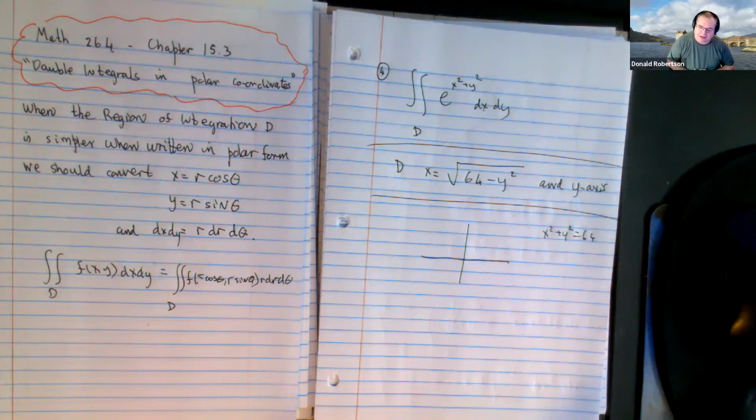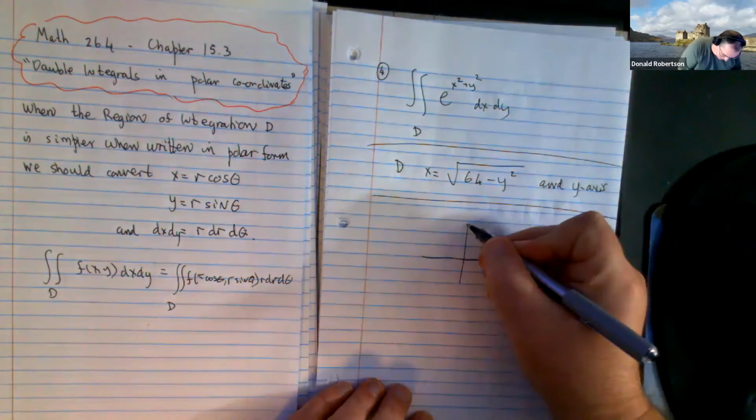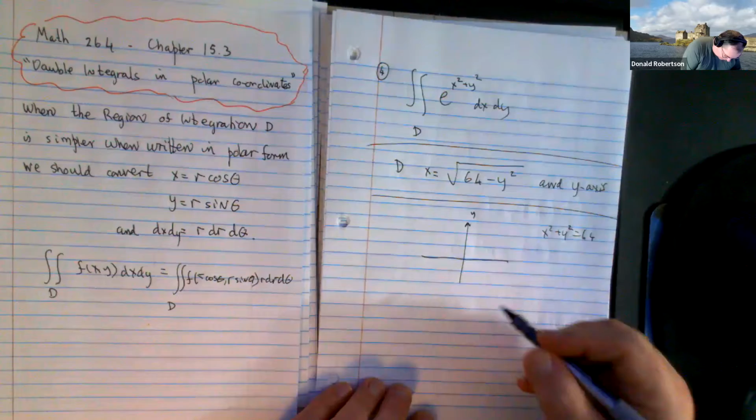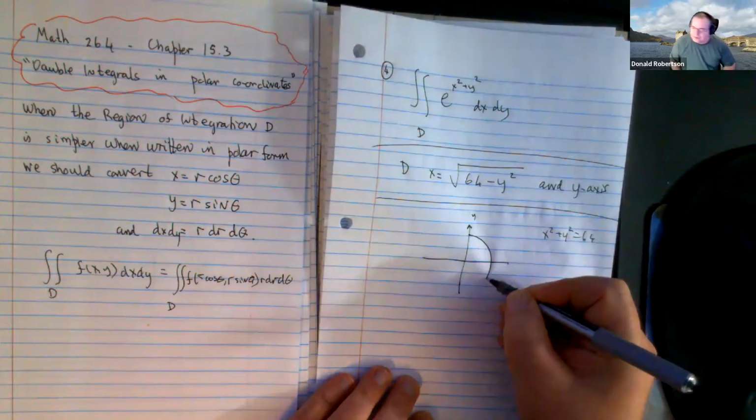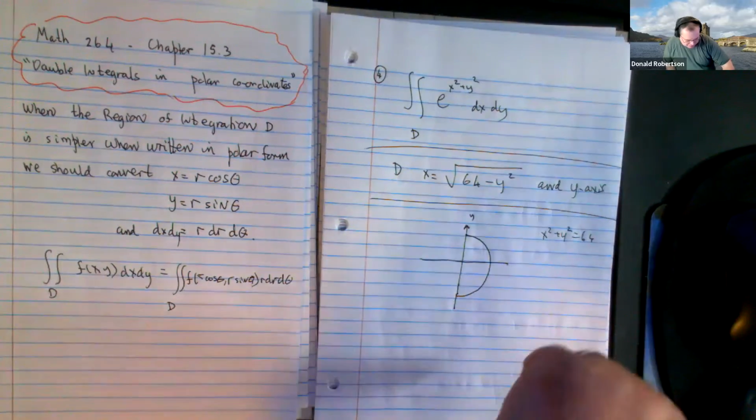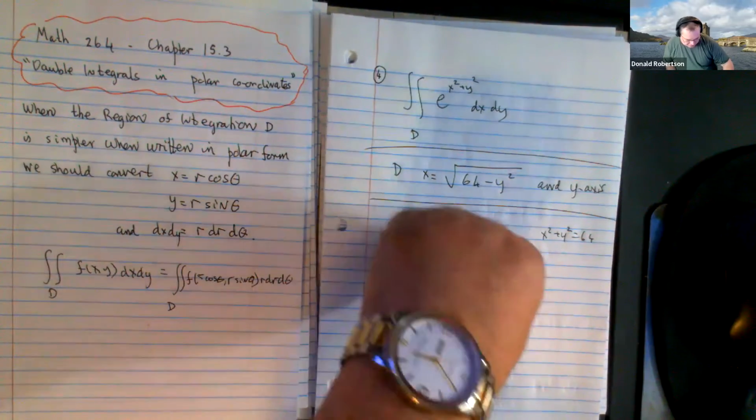And since the y-axis is also involved here, and they mentioned it's a semicircle, which means half a circle, if you put in the y-axis and you do half a circle, do you see it's that half? Because couldn't it have been this half or this half?